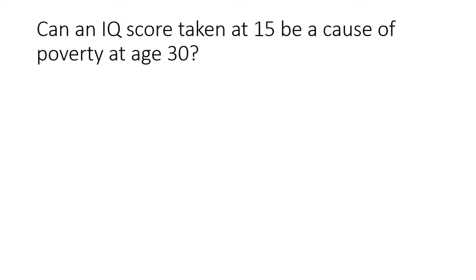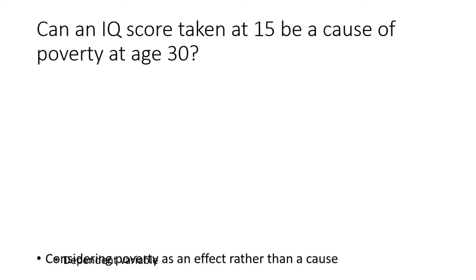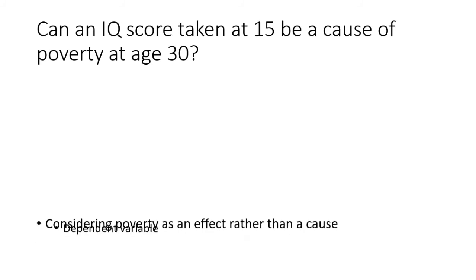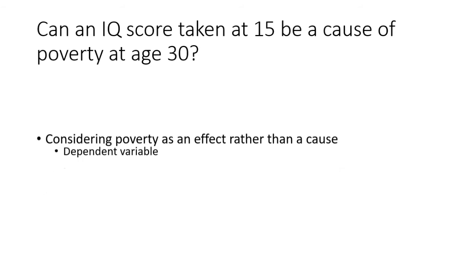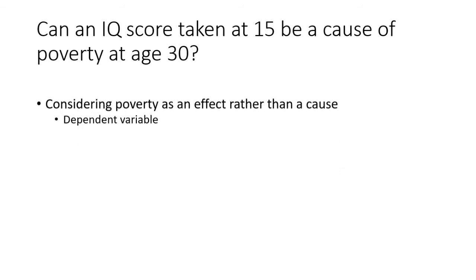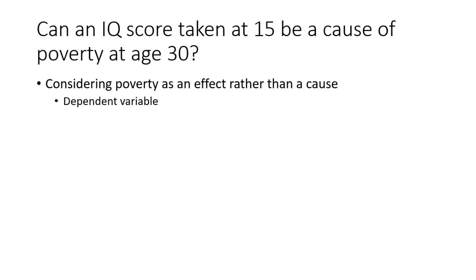So let's take a look here, considering poverty as an effect rather than a cause. We're trying to measure poverty, and this is where dependent and independent variables come in. They want to measure poverty as a dependent variable, so it depends on other things.